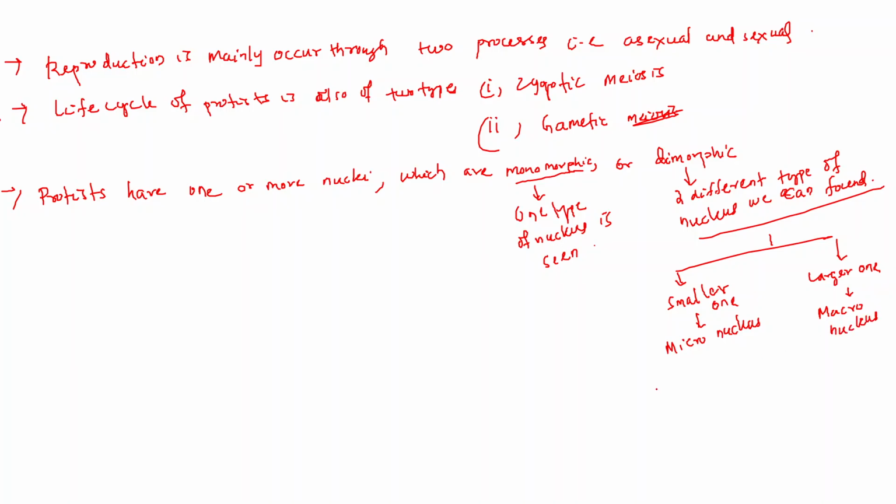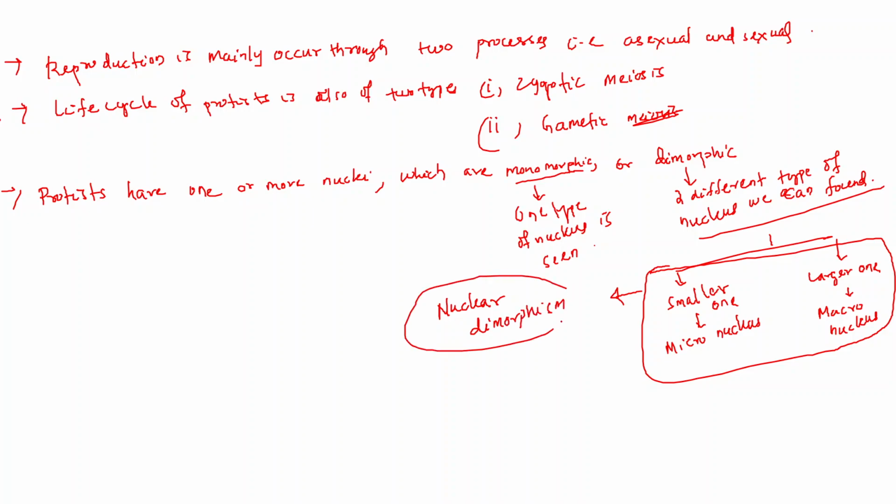This type of condition, where one is a smaller nucleus and another is a larger nucleus, one micronucleus and another macronucleus, is called nuclear dimorphism.